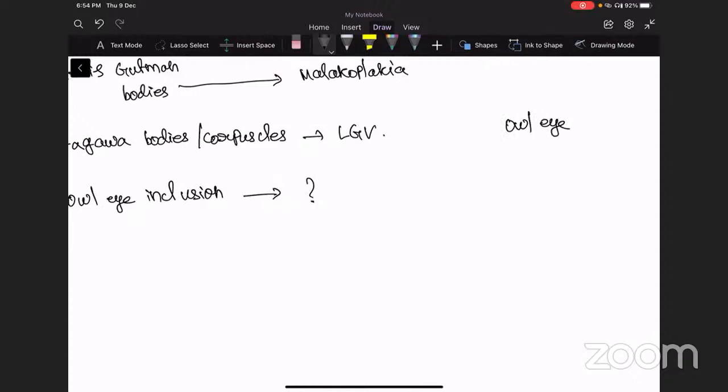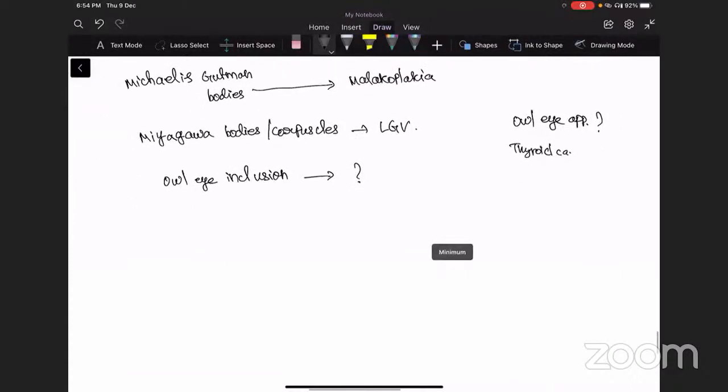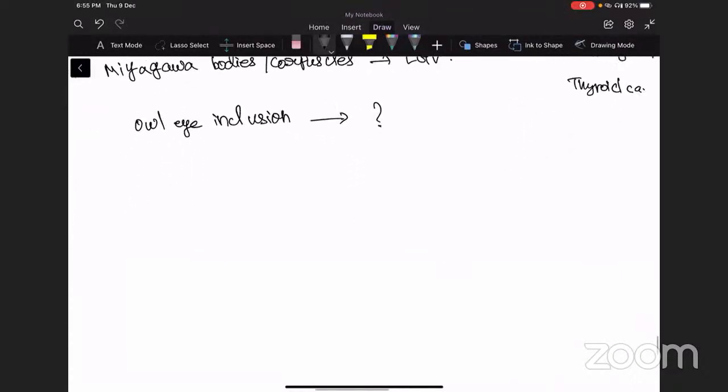Owl's eye appearance seen in which cancer of thyroid? Which type of thyroid cancer? These owl's eye inclusions are seen in and the owl's eye appearance is seen.